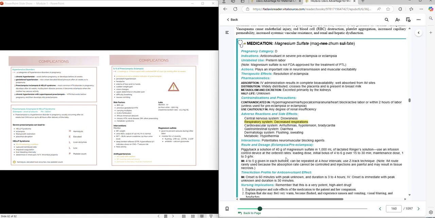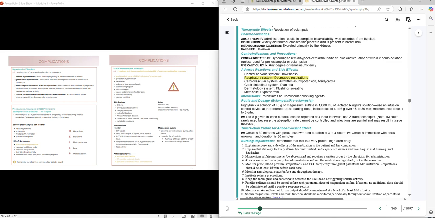She gets the 4 gram bolus over the first 30 minutes or so, and then 1 to 2 grams an hour, unless it's severe, of the mag sulfate.